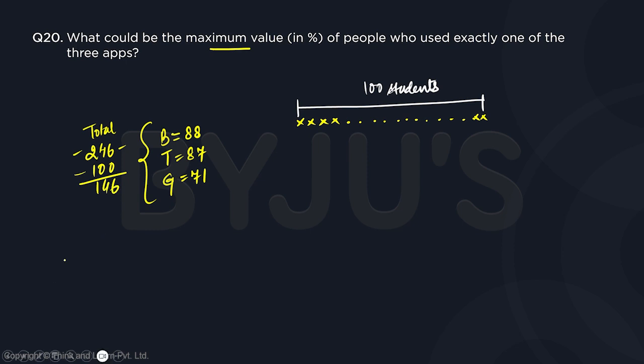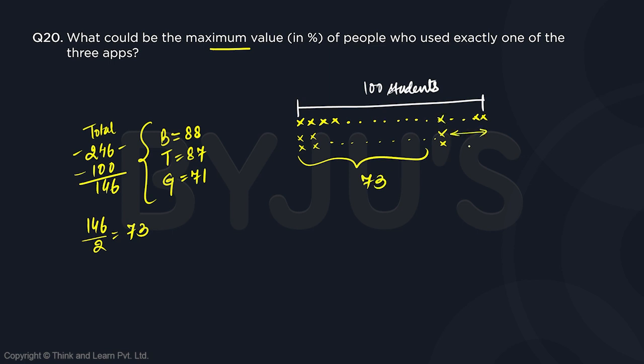Now, if you remember the 2 questions from the same set previously, what we now do is we divide 146 by 2, which will result in 73. As in, the next 73 kids will have 2 more chocolates, such that 73 kids have a total of 3 chocolates with them, and the remaining 17 kids will have a total of 1 chocolate.